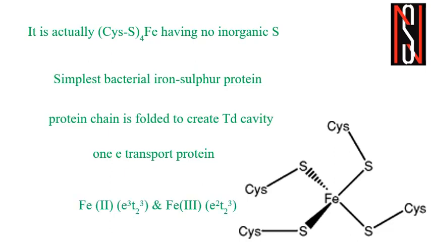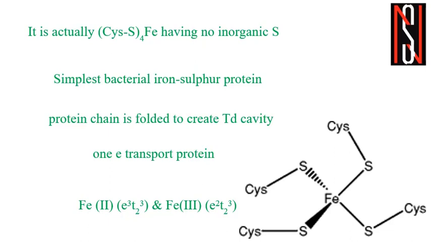Now I will comment on the iron 2 and iron 3 oxidation states. When iron is in +2 oxidation state, it has an electronic configuration of e3 t2^3, and when it is in +3 oxidation state, it has a configuration of e2 t2^3. From where do these e and t2 labels come?